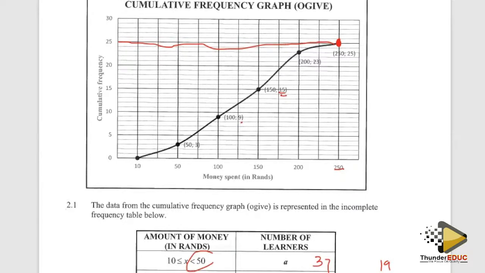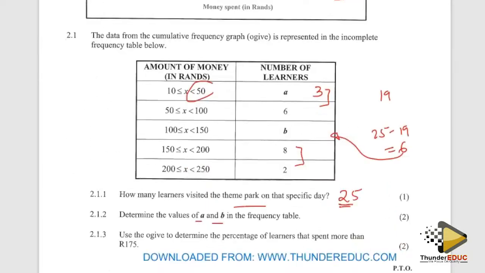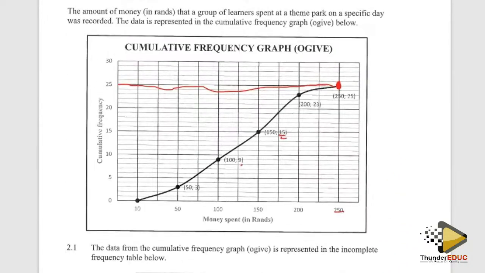Okay, then the next question they're asking us, use the ogive to determine the percentage of learners that spent more than 175. So we go to the ogive, where do we find 175? So when I look at the intervals, I'm seeing intervals of 25 everywhere. So this is 125, and then this will be our 175.